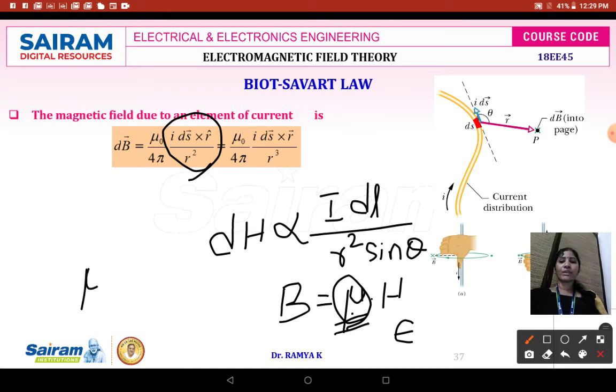Permeability mu can be written as mu naught into mu r. Mu naught is known as absolute permeability, equal to 4 pi into 10 to the power of minus 7, and mu r is your relative permeability, and it is equal to 1 if you consider the medium to be air.